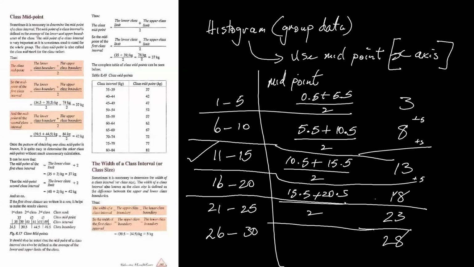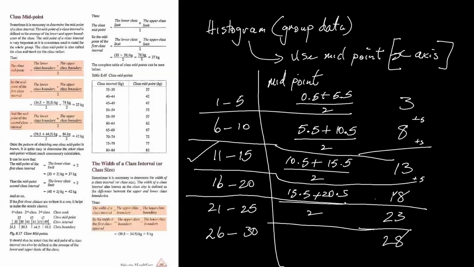So this part of the class was recorded. I want you to go through it. When we are doing the mean and so on, anything with group data, you have to find the midpoint or the average, and that is the number that you're going to use.